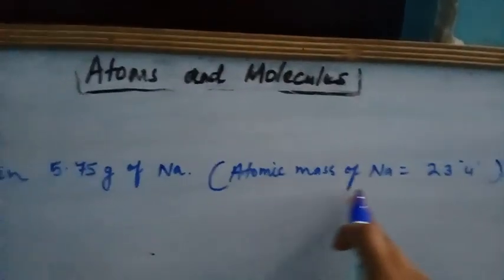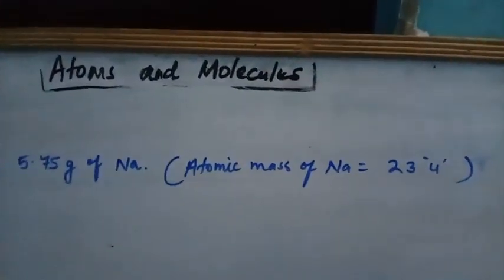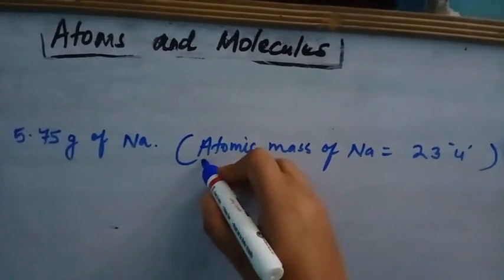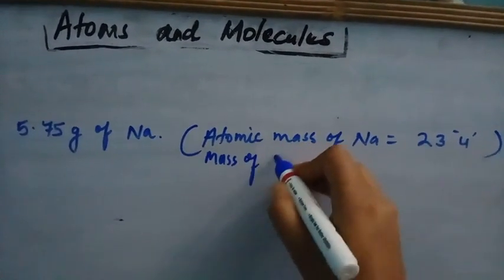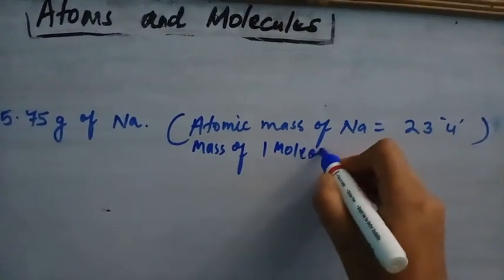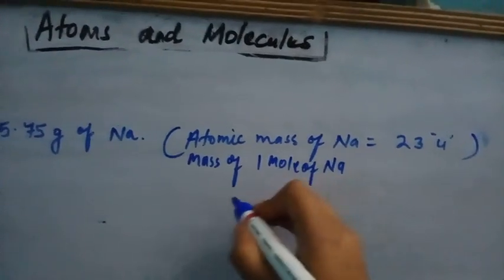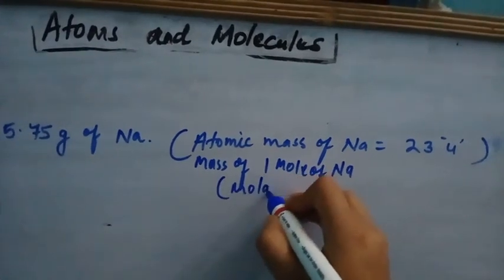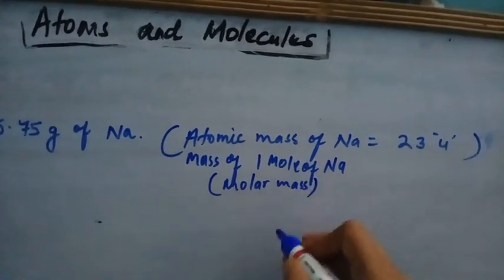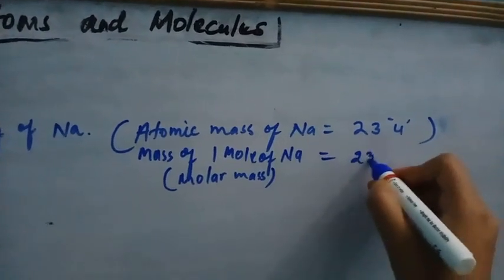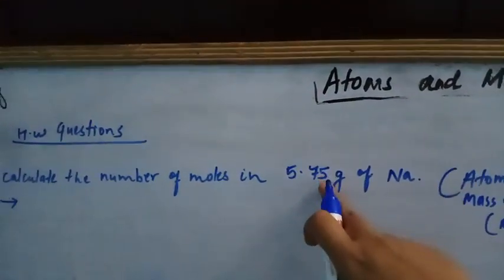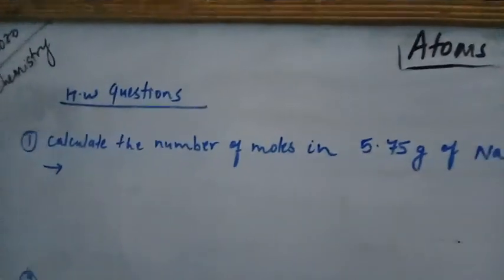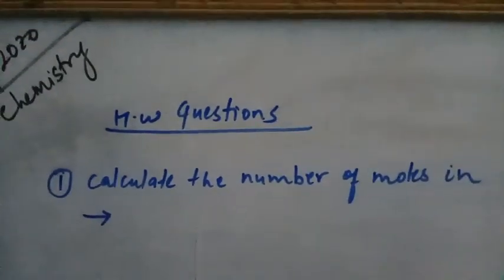So from the atomic mass of sodium, which is 23 u, we will get the mass of 1 mole of sodium atom, or molar mass, which is 23 gram. So it is asking to calculate the number of moles in 5.75 gram of sodium.